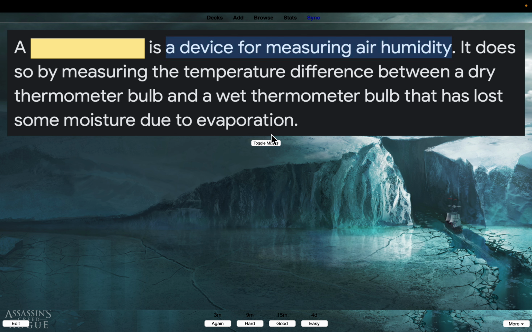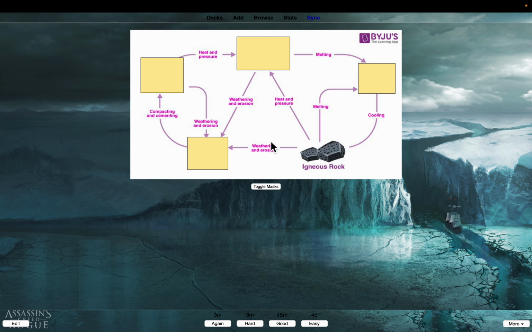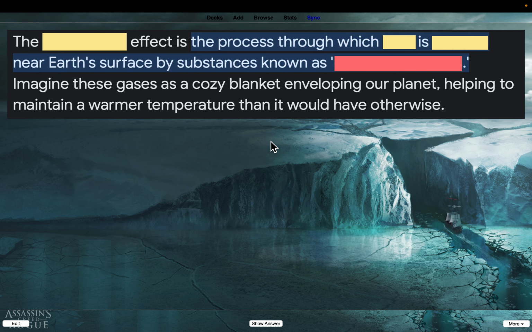Air humidity. What is used to measure air humidity? I believe this is the first instrument that was mentioned. Psychrometer. Greenhouse gases.